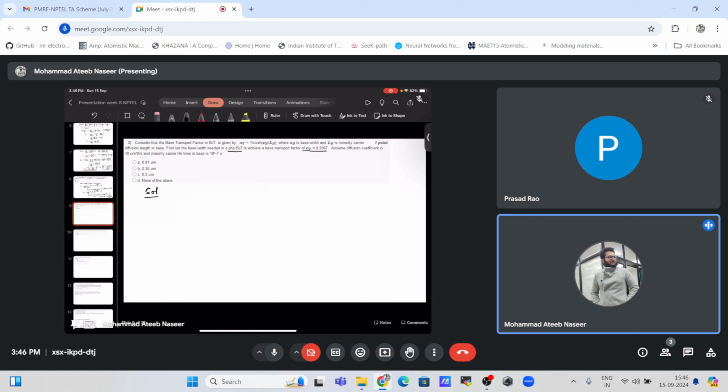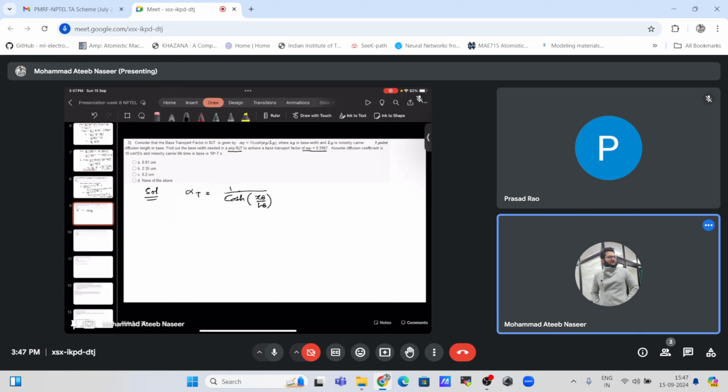So the alpha t is simply given to be equal to 1 by cosh of xb by lb.